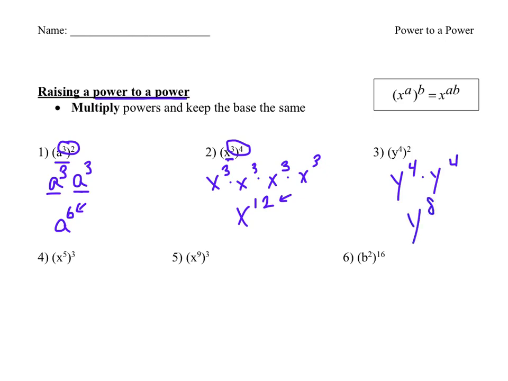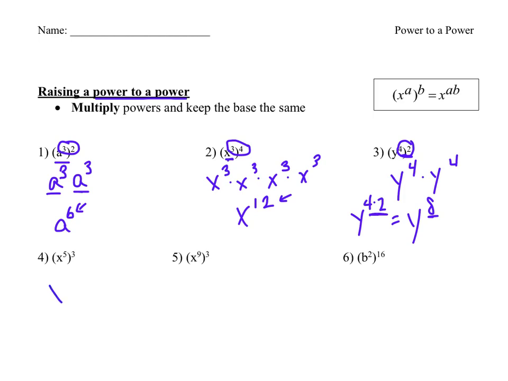All right, so the pattern is when you have a power to a power, you multiply exponents. So 4 times 2 is 8, because it was power to a power. So those parentheses mean multiplication too, only for the exponents, just like they mean multiplication when we see them normally.